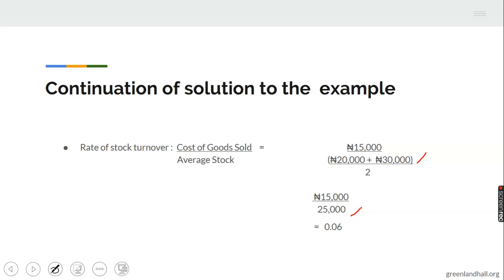So it's going to be cost of goods sold, which is 15,000 over 25,000, which is equal to 0.06. And that is the number of times, 0.06 times, the whole stock was actually sold completely.